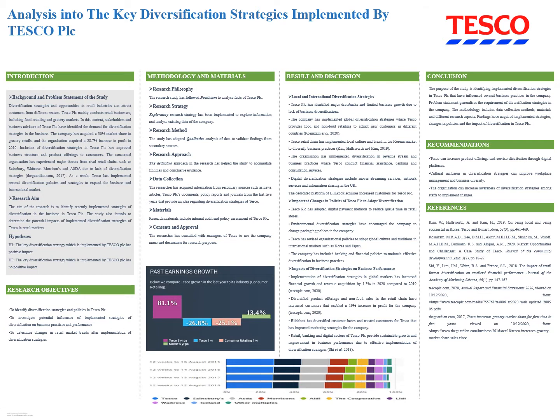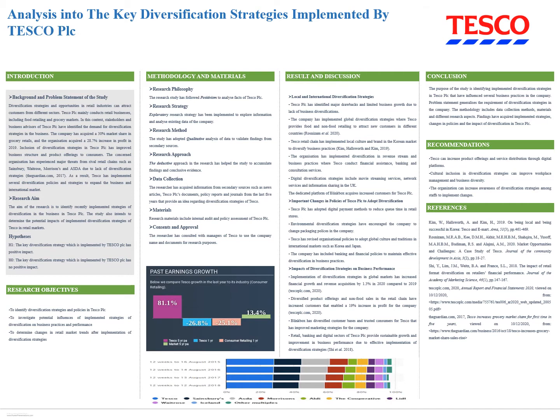Tesco Plc has identified major drawbacks and limited business growth due to lack of business diversification. The company has implemented global diversification strategies where Tesco provides food and non-food retailing to attract new customers in different countries. Tesco retail chain has implemented local culture and brand in the Korean market to diversify business practices.